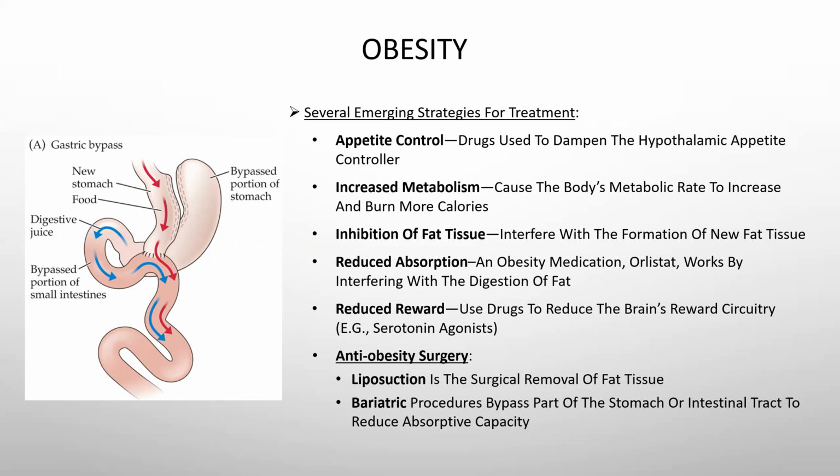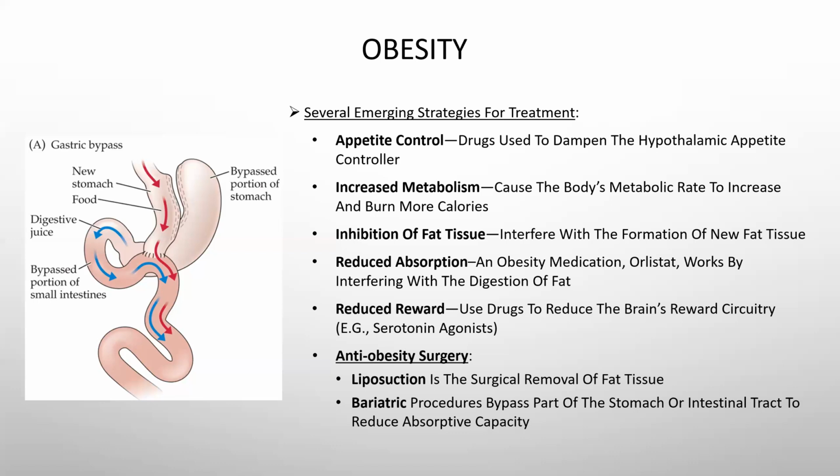Inhibition of fat tissue: interfere with the formation of new fat tissue. Reduced absorption: drugs such as orlistat work by interfering with the digestion of fat. Reduced reward: so here you're dealing with medications, serotonin agonists, right? Drugs that reduce the brain's reward circuitry.